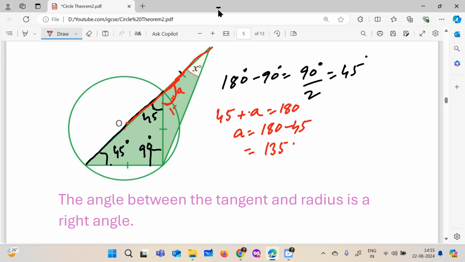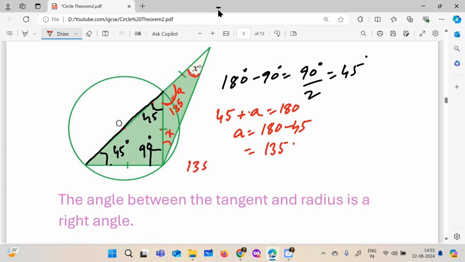Okay, now once this is 135, again look at the markings given here. The marking says that this length and this length are equal. It means this angle and this angle are equal. If this is x, this is also x. Now if we consider this triangle, by the angle sum property, the sum of all the angles of a triangle is 180 degrees, right?